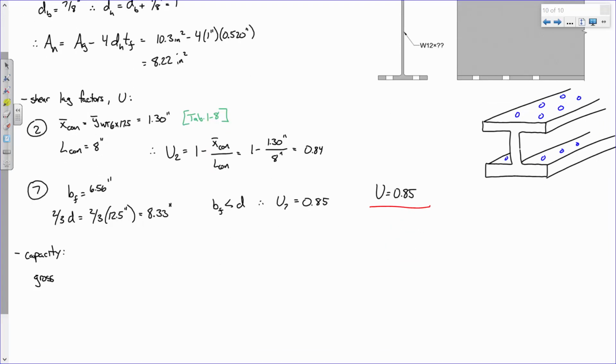We have gross section yielding and net section fracture. Gross section yielding is 0.9 F_y A_g, and the other is 0.75 F_u A_n times U.